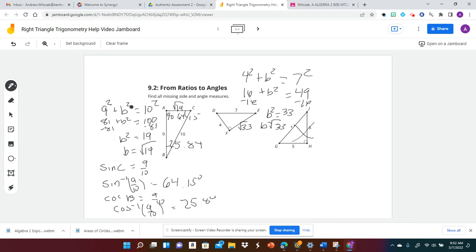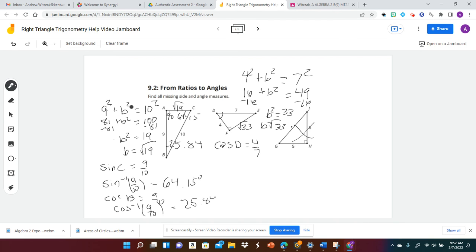So now to find the angle measures, here is D. So I'm going to use over here the adjacent side and the hypotenuse. So adjacent over hypotenuse, I'm going to use the cosine of D, and then that equals 4 over 7.